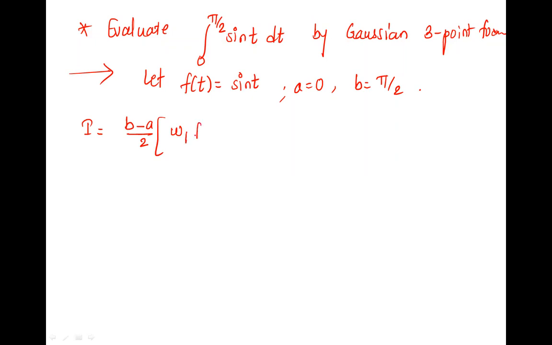W1 f of x1, plus W2 f of x2, W1 f of T1. x चा रोल t प्ले करतोय ना आता. म्हणून मी म्हटलं तर एक तर तुम्ही याला पहिलंच x मध्ये करून घ्या म्हणजे कन्फ्युजनच होणार नाही. साइन x dx, t ला x म्हणून घ्या आणि सॉल्व करा. ठीक आहे. कन्फ्युजन होत असेल तर t ला x करून करा. नाही तर मग जमते t करा.